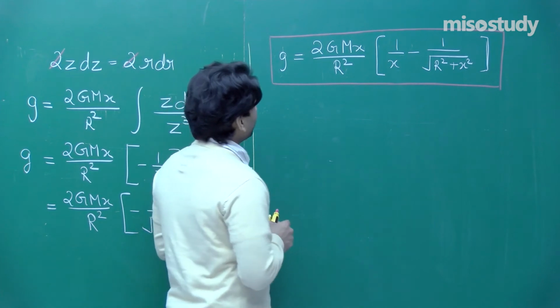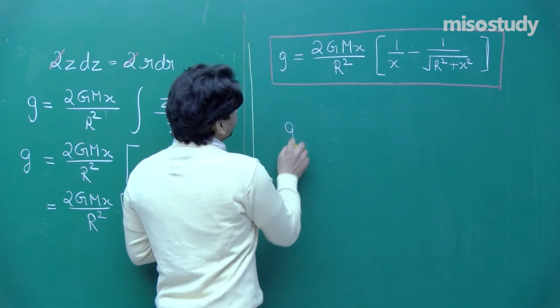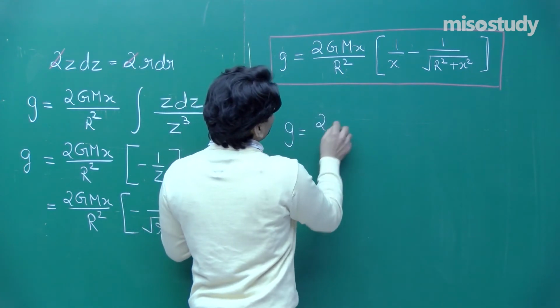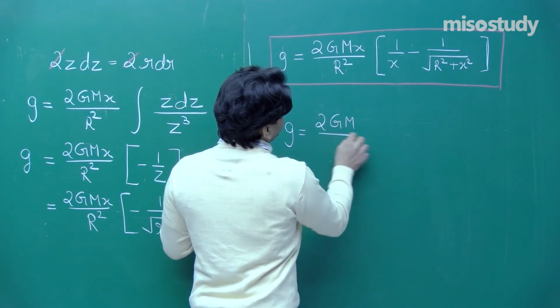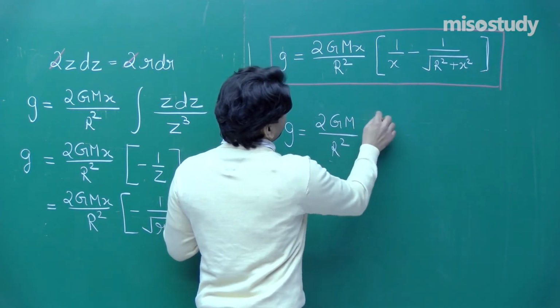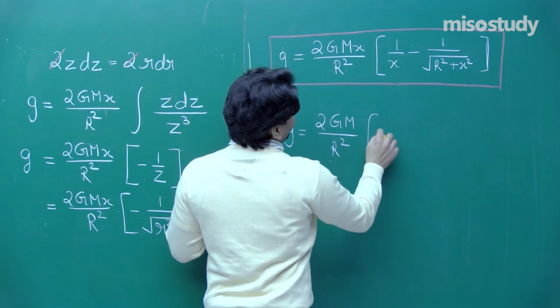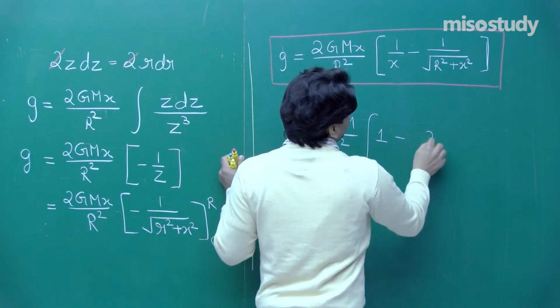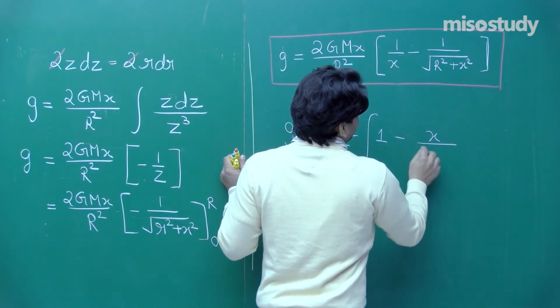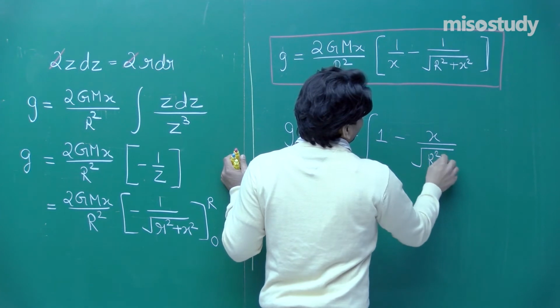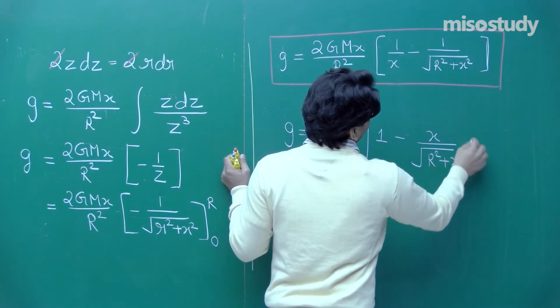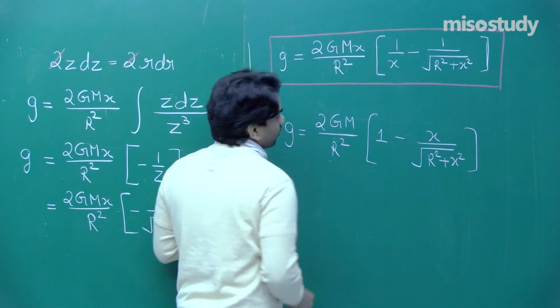What I'm going to do, I'm going to try to simplify this. It can be written as 2g m upon r whole square, and if I multiply this x inside, I'll be having 1 minus x upon under root r square plus x whole square. So I got it.